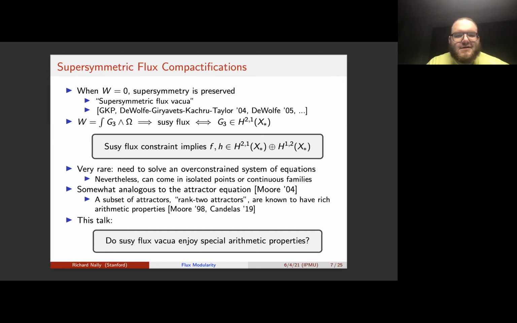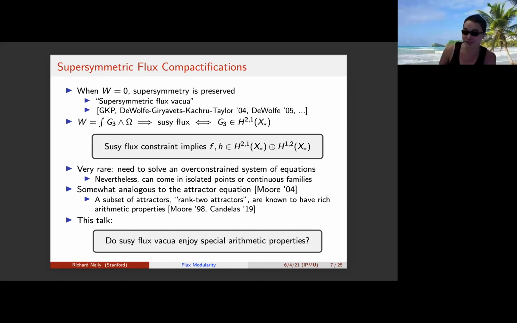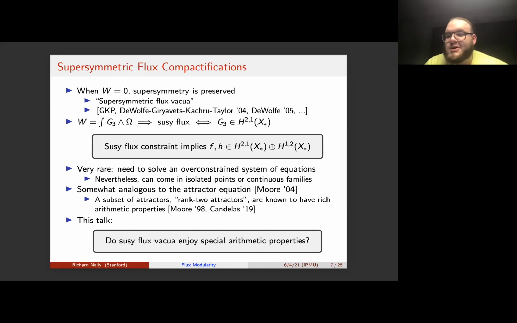But it's interesting that conditions like this that aren't phrased at all in terms of arithmetic end up implying things about the arithmetic. I wish I could tell you the reason why you should care about the arithmetic of Calabi-Yau threefolds is X, but that's a dream for now.